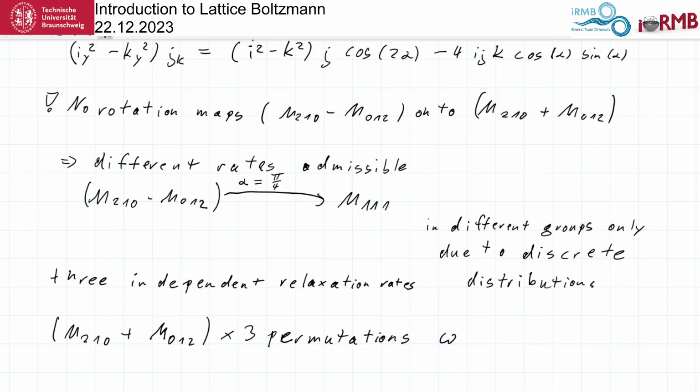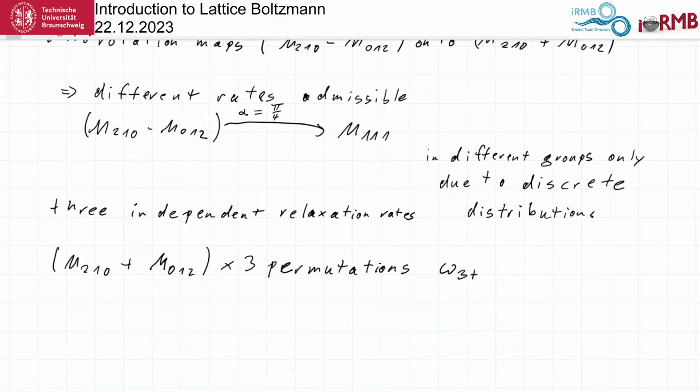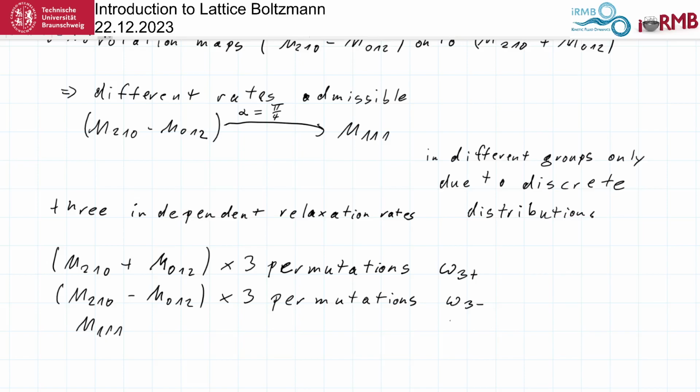They are given the rate omega 3 plus. It's just a name. M210 minus, so this is physically different, and all its permutations are given the rate omega 3 minus. And then there is the moment M111, which we give the relaxation rate omega 111.